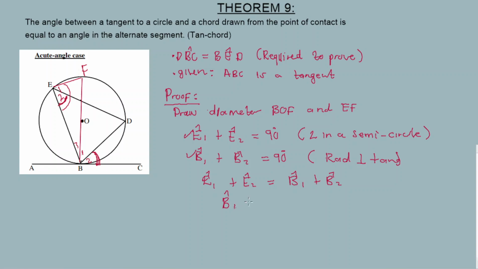B1 is equal to E1. This is a bow tie. So our angles in the same segment.